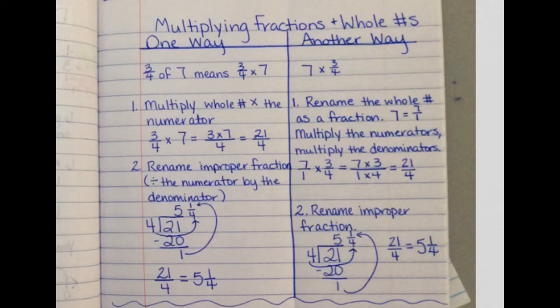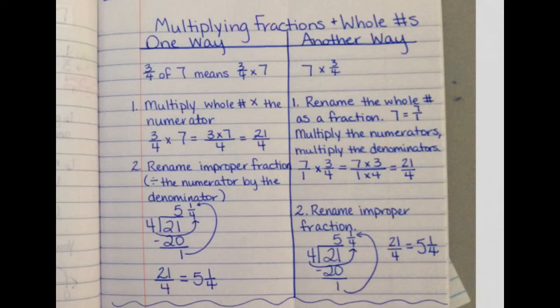This is a property you have as a whole number because you don't have it split into equal groups. It is all contained in one group, is what that new denominator of 1 is showing you. So every whole number in the world actually has a hidden denominator of 1 that you don't have to write. You're going to multiply the numerators and multiply the denominators.